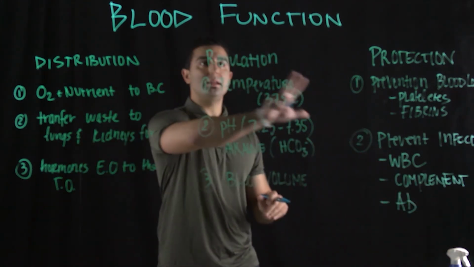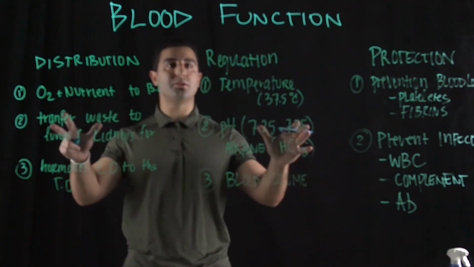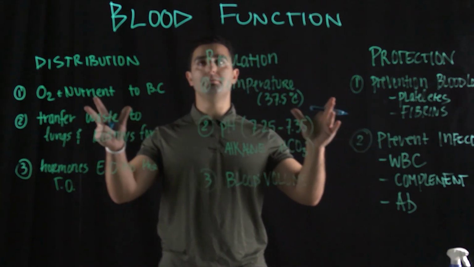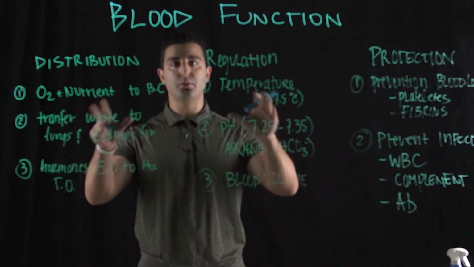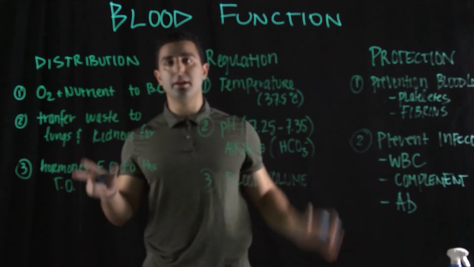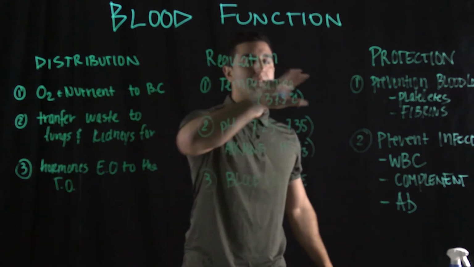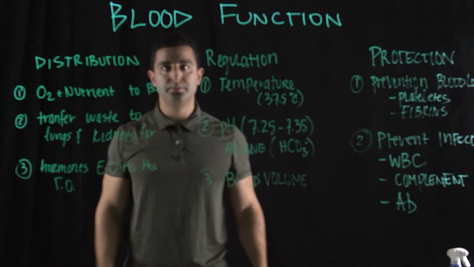These three specific categories all make up the actual function of the blood. So you have distribution, regulation, and protection.